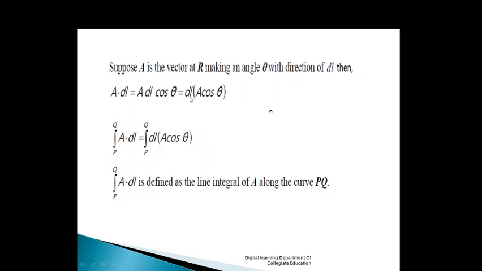If we integrate the function along all the points of the curve from point P to Q, it can be written as the integral of vector field A dot vector dl, which equals the integral of A dl cos theta. The integral from P to Q of A dot dl is defined as the line integral of vector A along the curve PQ.